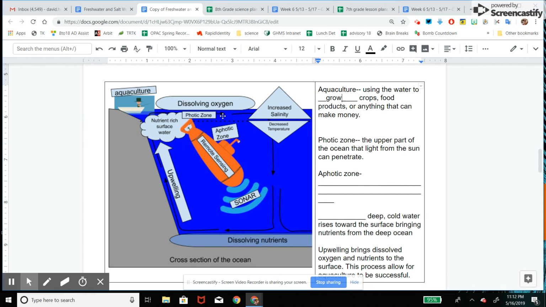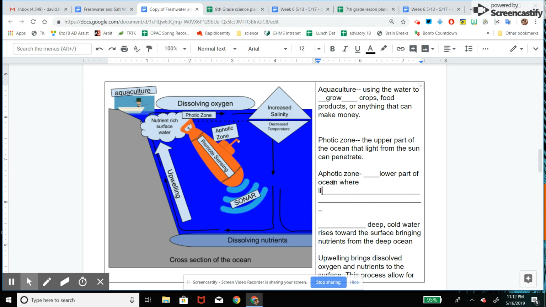Photic, photo means light. Okay, aphotic zone is the lower part of ocean where light does not penetrate.